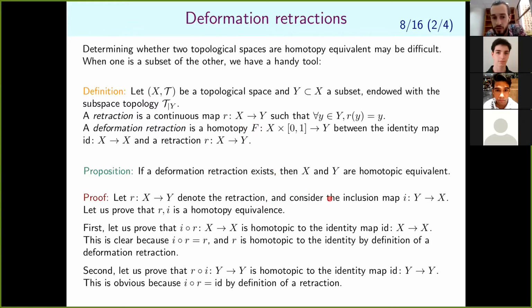And I also consider the inclusion map from Y to X. So whenever you have a set and a subset of it, there is an inclusion map. The inclusion map just being the map that maps any point of the subset to itself in the larger set. This is always denoted I, like that in topology. And I will prove here that the pair R, I is a homotopy equivalence. And so we will prove that the spaces X and Y are homotopy equivalent.